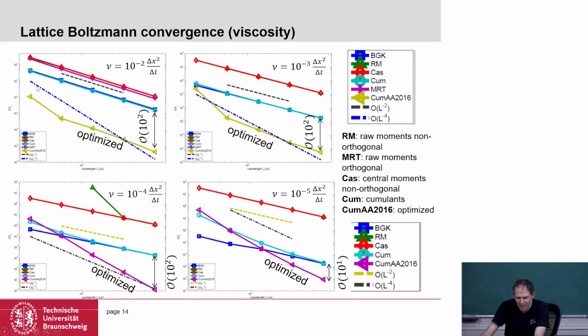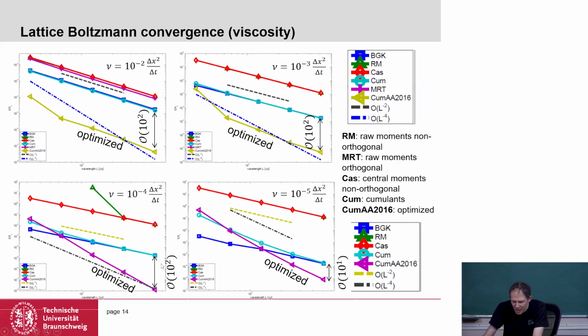this means that if you want to have the same error, like this blue one is now the cascaded one. So cascaded is central moments, cumulant is cumulant, and then there's this. So there's the cumulant without optimization, cumulant with optimization.